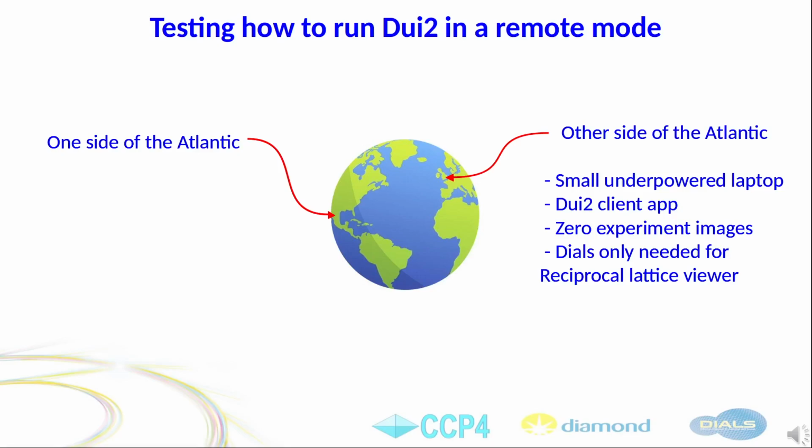I do not need experimental images, and I only need DIALS if I need to see the reciprocal lattice viewer, which eventually we will remove too. We might run it eventually without installing anything from DIALS. And so far it succeeded.